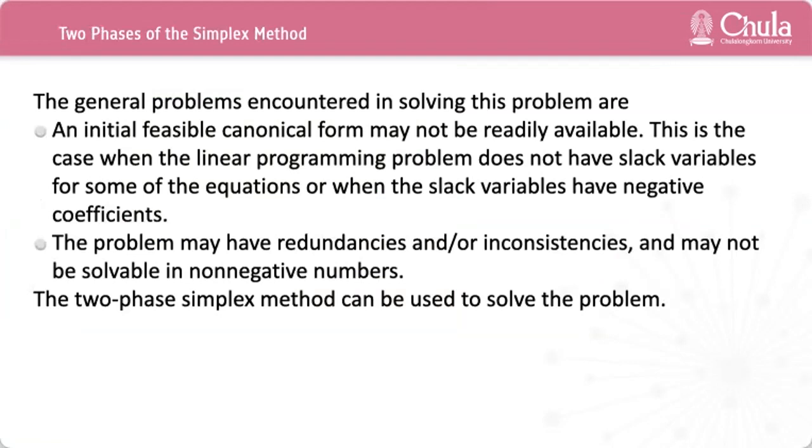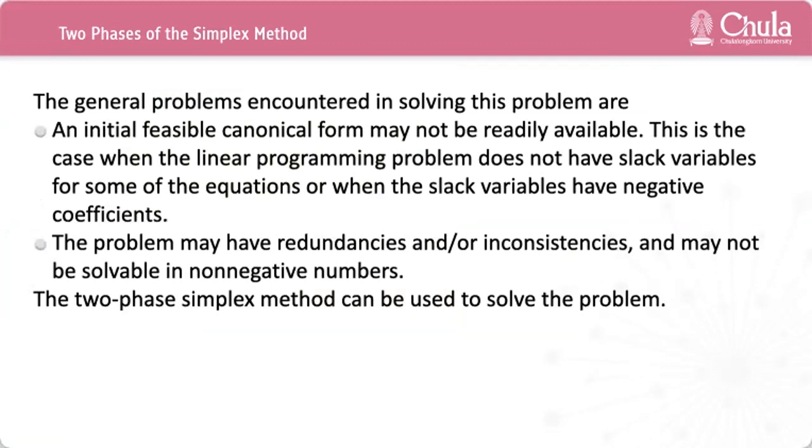The next one is the two-phase simplex method. Previously, you learned about the simplex method, but it's limited. The simplex method we previously dealt with cannot deal with equality constraints, right?